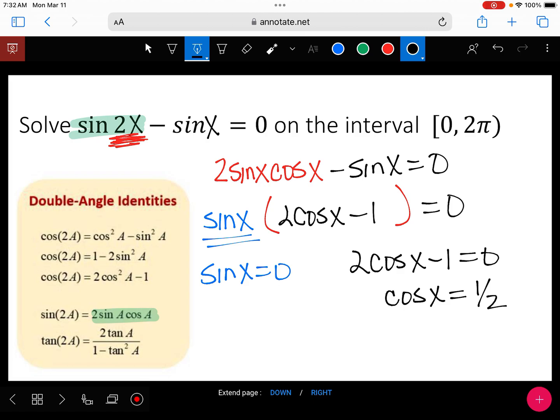So go ahead and look at your unit circle and tell me where sine equals 0. Sorry, where is sine 0 and where is cosine 1/2.